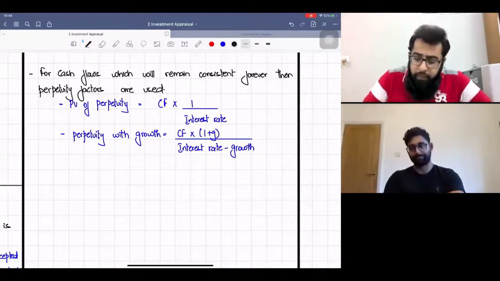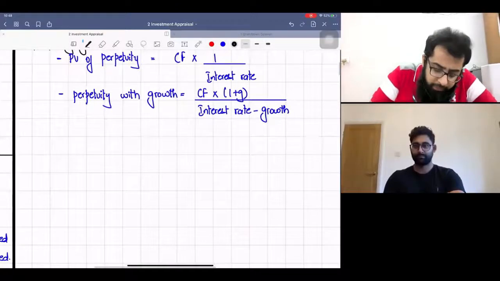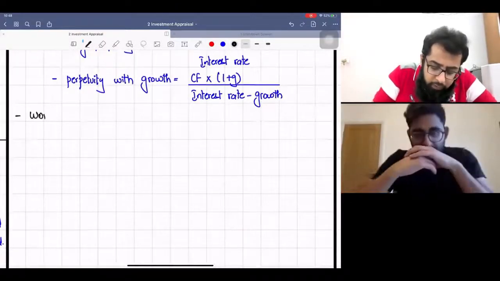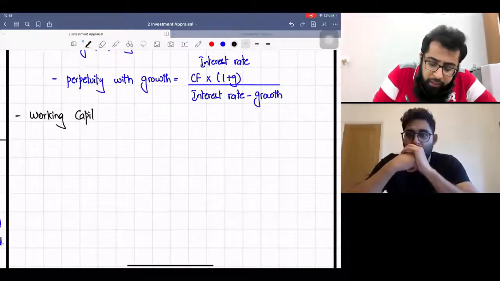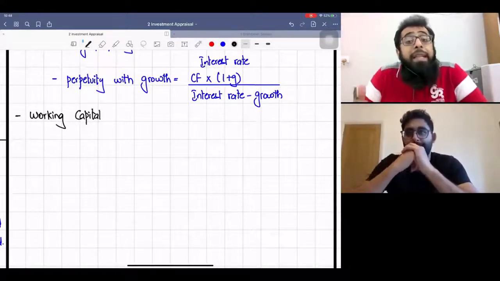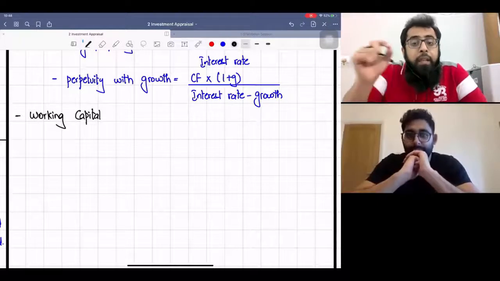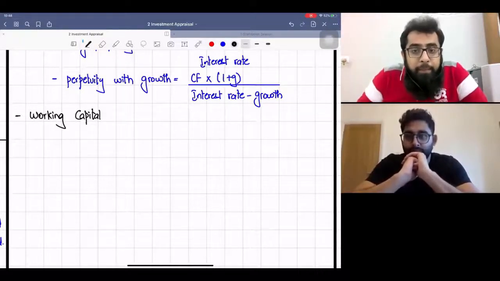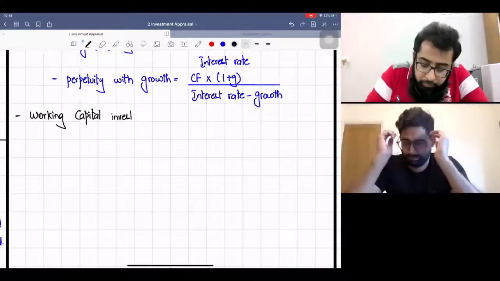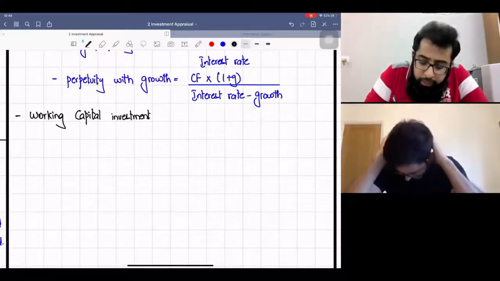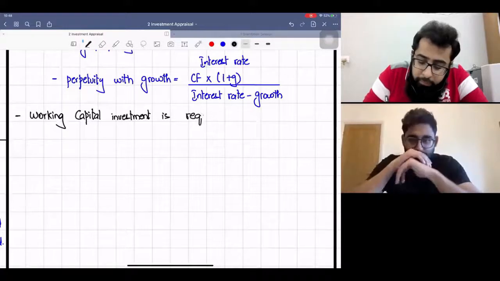Working capital investments will be required at start of year. Sometimes it is a one-off working capital investment, and sometimes it is incremental working capital investment, which is a percentage of sales.